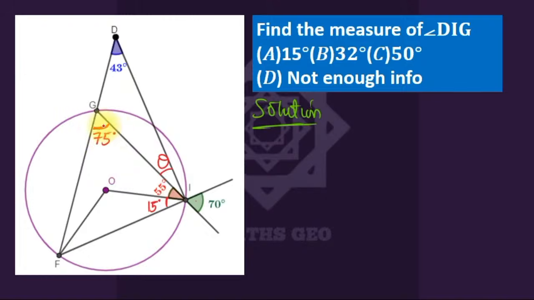If you add this angle and this, it must give us 90. So finally, by exterior angle theorem, we see that theta will now be 75 minus 43. So our answer is 32, option B. So it's the first one.